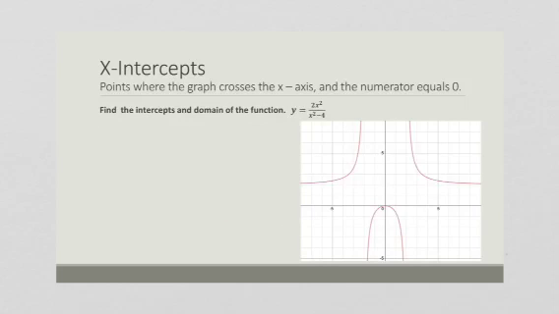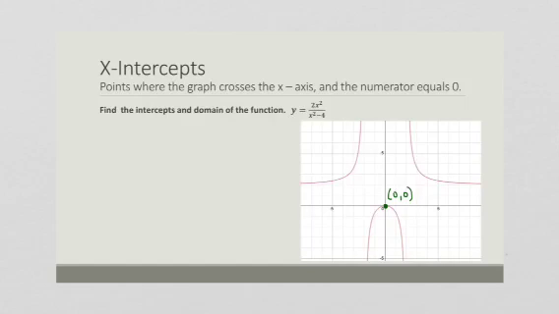The next thing we're going to look at is x-intercepts. And you dealt with these as well earlier. We called them the zeros when we talked about them in section 2.1 to 2.4. So we're going to look at the graph and we figure out where points where the graph crosses the x-axis. The other way to do this is look at where would my numerator equal 0. So by looking at the graph and using my Desmos, I would find that there is a point 0, 0, and that's where the graph crosses this axis.